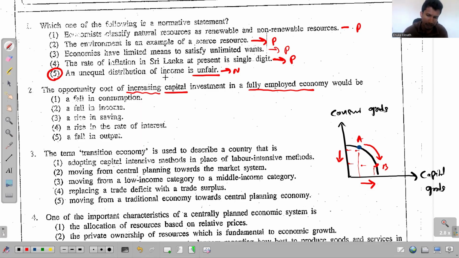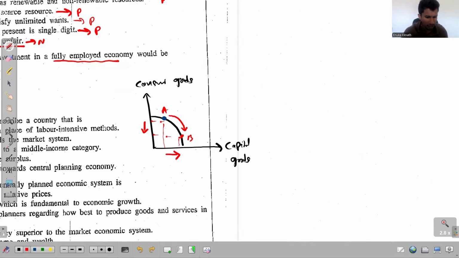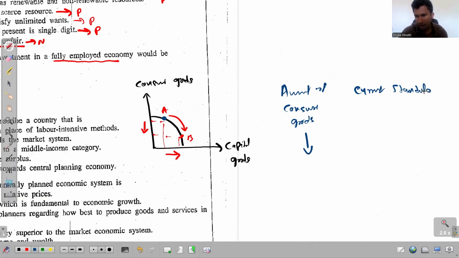Which means the amount of consumer goods gets decreased, and as a result, the current standard of living also decreases, right? So this is the outcome.